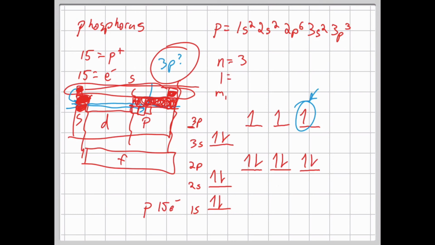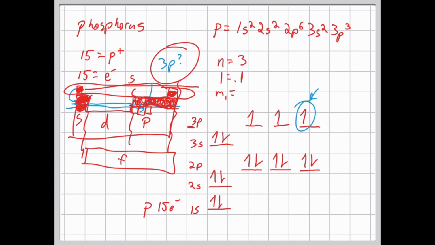All right, so we have n, which in this case is 3. The L in this case could be 0, 1, or 2 for the L quantum number. In this case it's going to be 1, because this is a p orbital, because the L quantum number corresponds to the type of orbital.